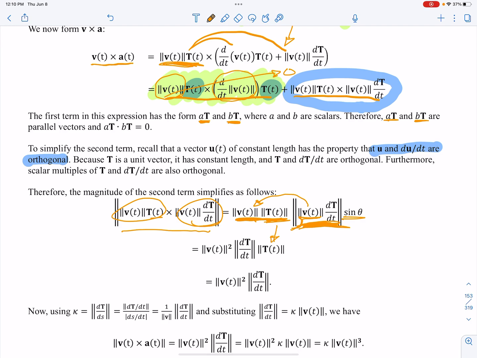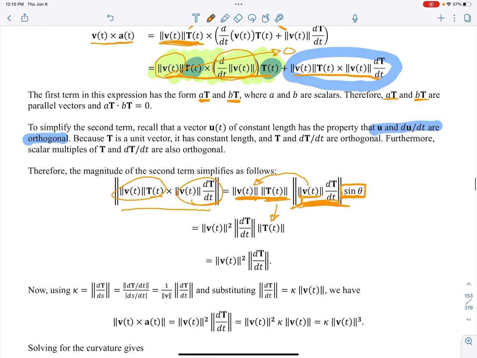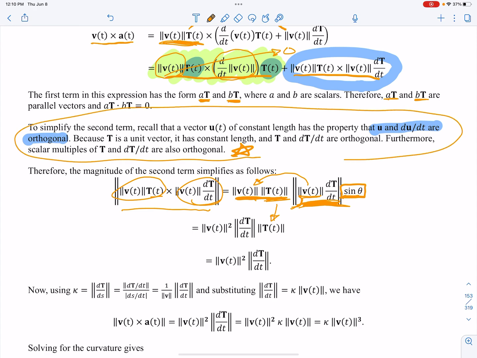This is dT, right? And then here's the trick. Sine of, and this is where this stuff comes in. This felt like out of nowhere almost. Now where do we use that? Well, that's used right here.